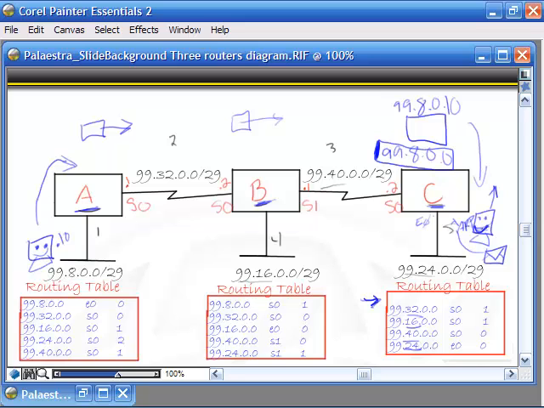He sends a response back, destination unreachable, to this guy right here because he doesn't know how to get there. So this guy gets very sad because he tries to respond to his buddy, and the router doesn't know what to do. So it's important that all of the routers have the routing tables populated. If one of them doesn't know where a particular subnet is, then they will not be able to communicate in both directions.